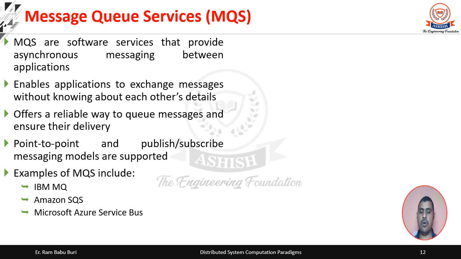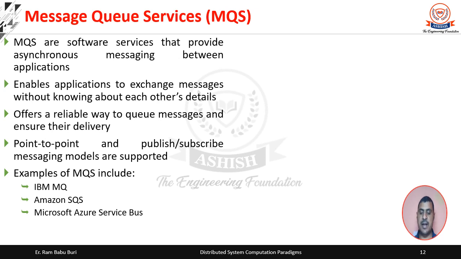This is because MQS act as an intermediary between the sender and receiver applications. The sender application sends a message to the MQS, and the MQS then queues the message and ensures its delivery to the receiver applications.